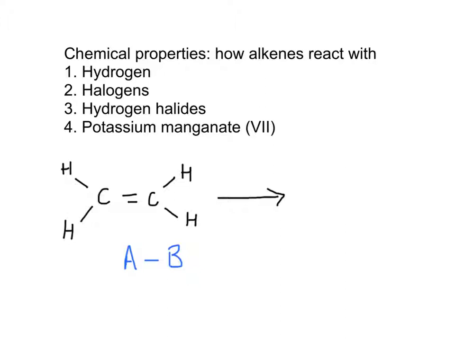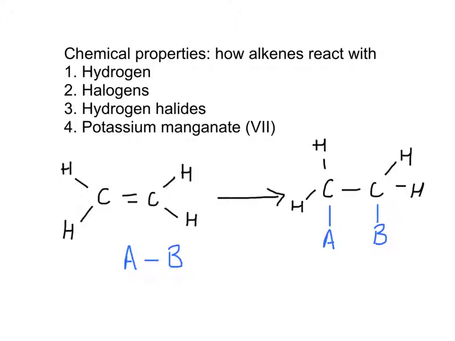So, as I said before, when AB reacts, you lose the pi bond. So, just drawing the sigma framework, having lost that pi bond, we are able to make two new bonds to the A and the B.